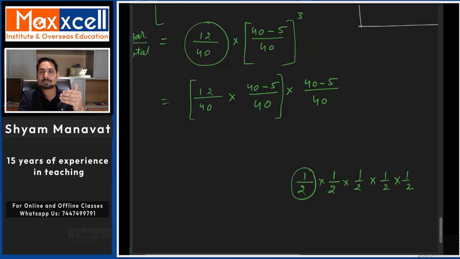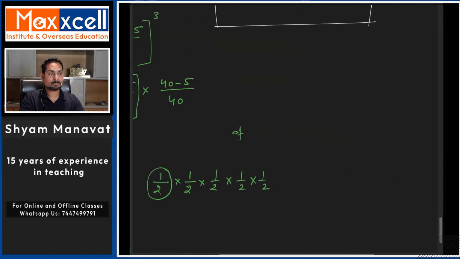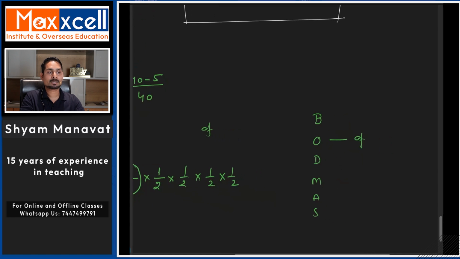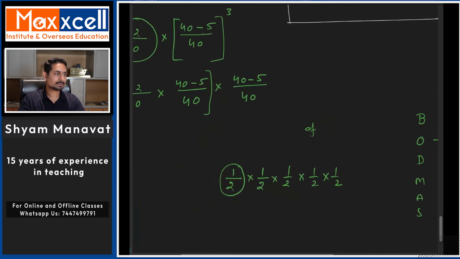The concentration of the sugar syrup will keep being what? 50% of the previous concentration, half of the previous concentration. हमने बॉड मास रूल पढ़ा है ना? O stands for off. Off का मीनिंग ही मल्टीप्लीकेशन होता है, सो यू कीप मल्टीप्लाइंग दैट. क्लियर है? क्लियर होना चाहिए यार, इंपॉर्टेंट है.